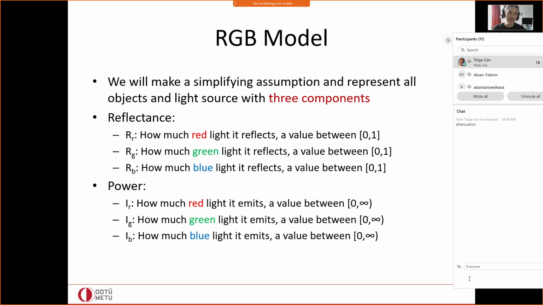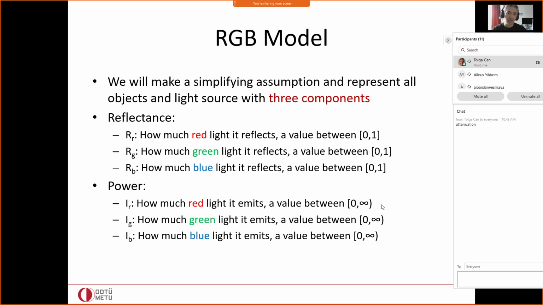Which means that if an object is far away, it's going to get less power compared to an object that is closer to the light source. If we implement attenuation as, for example, quadratic, inversely proportional to the distance, it may drop quickly as you move, so you may give large power values.